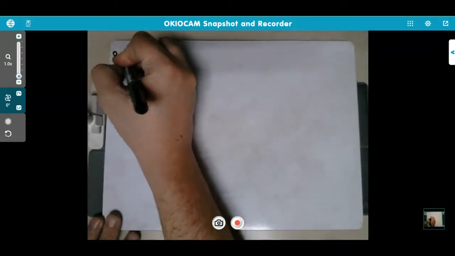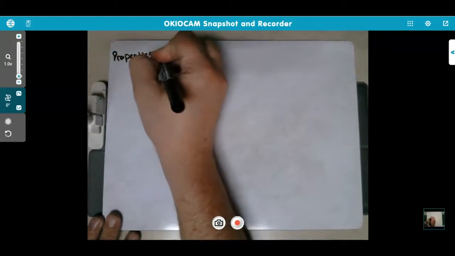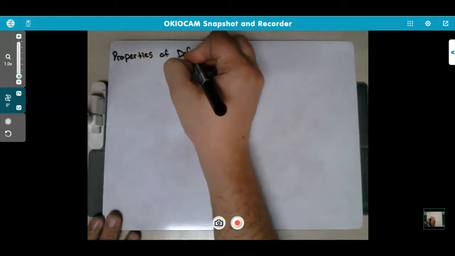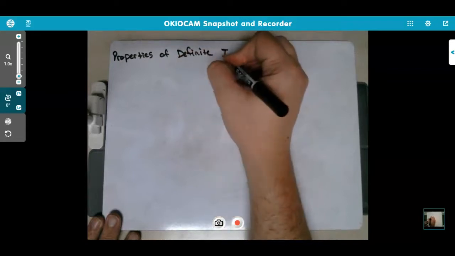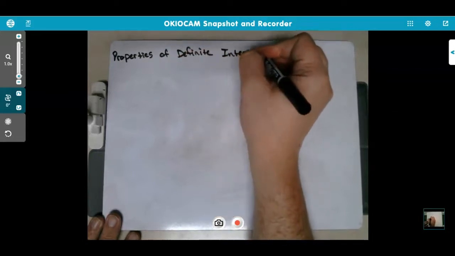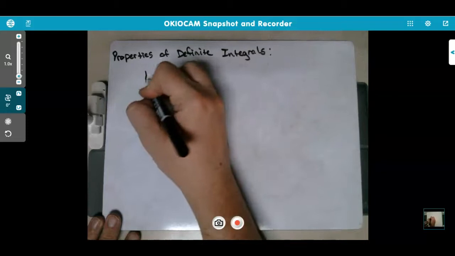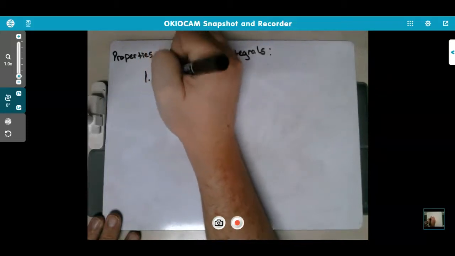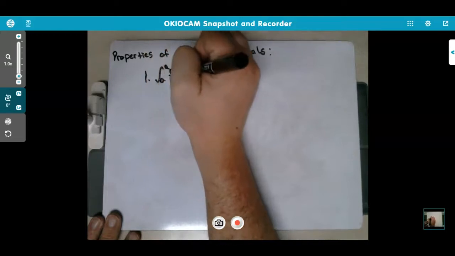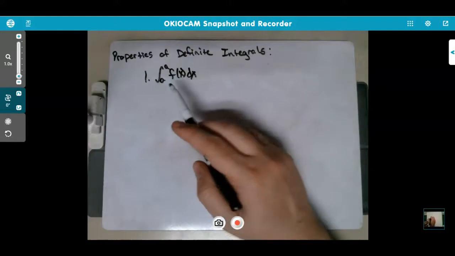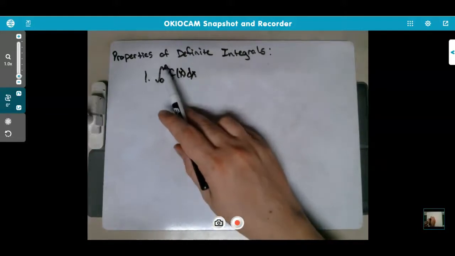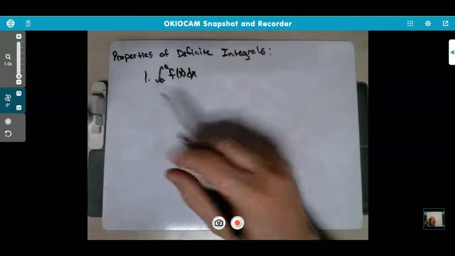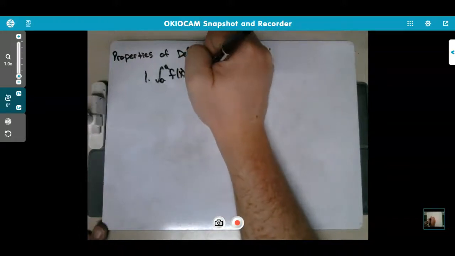So, properties of definite integrals. The first one is that if I have the integral from a to a of f of x, so if my bounds are the same thing, like 1 to 1, 2 to 2, that kind of thing, that's going to be equal to 0.